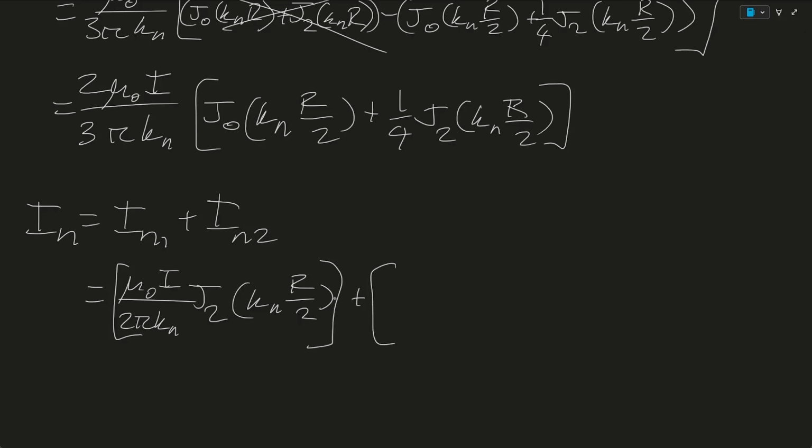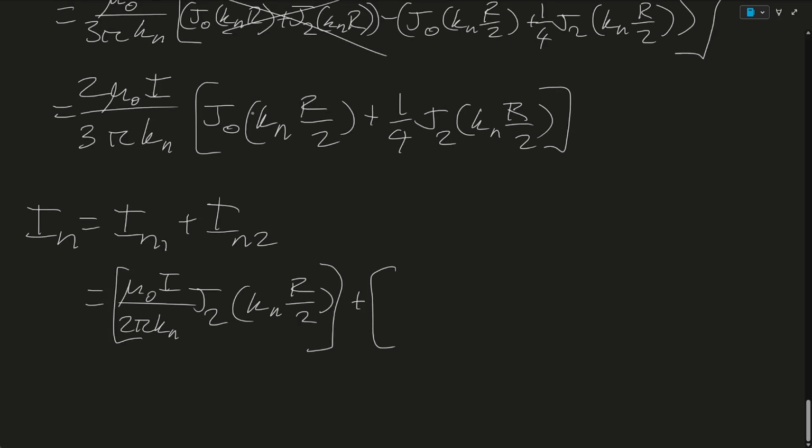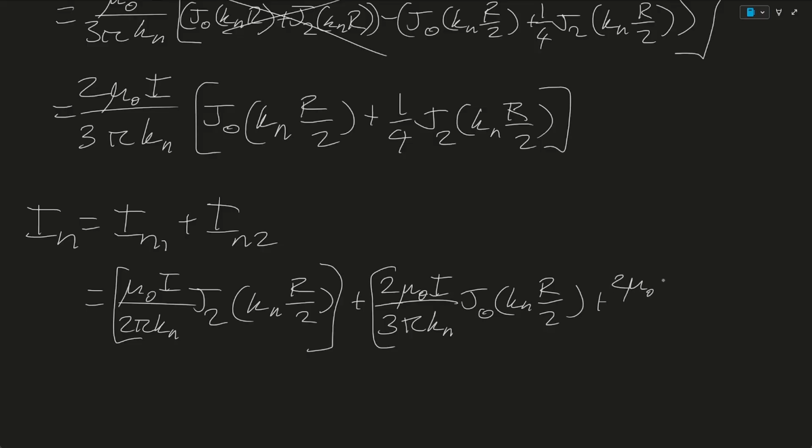Plus this, and I dare to expand this. 3 over 2/3 even. There's more though. Mu naught I over pi Kn J naught Kn r over 2, mu naught I over pi Kn J2 Kn r over 2.